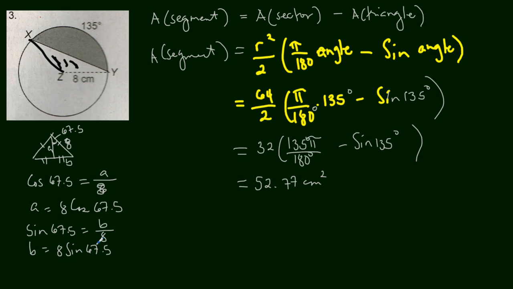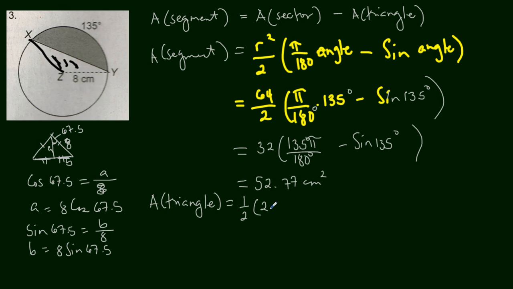Now we are ready to find the area of the triangle. The area of the triangle is 1/2 times the base. The base is 2 times B, this one plus this one.